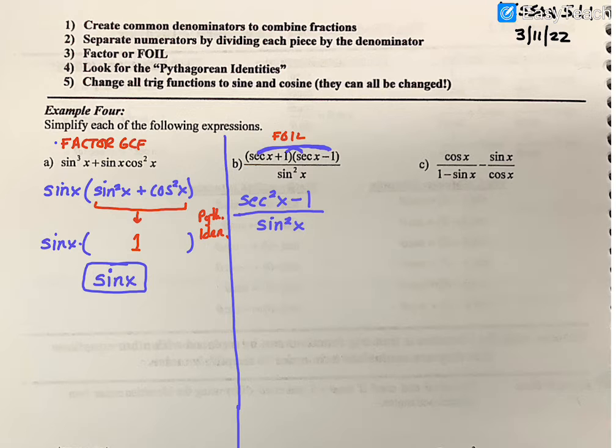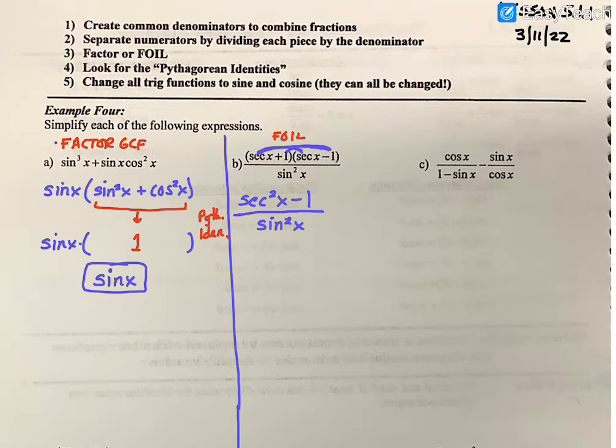I would suggest you continue looking at that top: secant squared x minus 1. Think identities here. I see a squared function plus or minus a 1. Squared functions added or subtracted with 1s can often mean a Pythagorean identity.